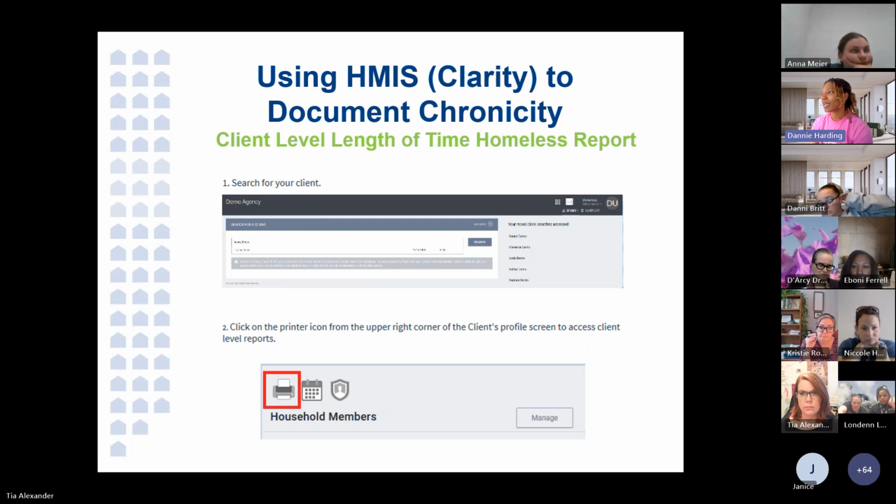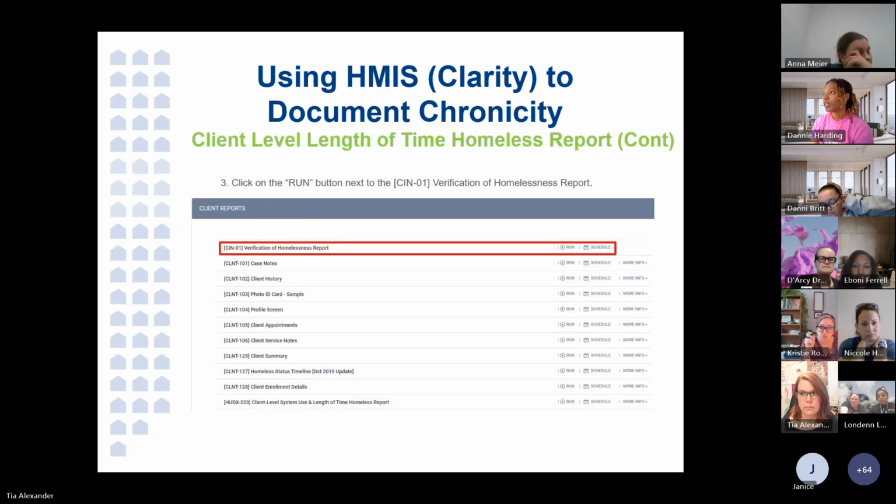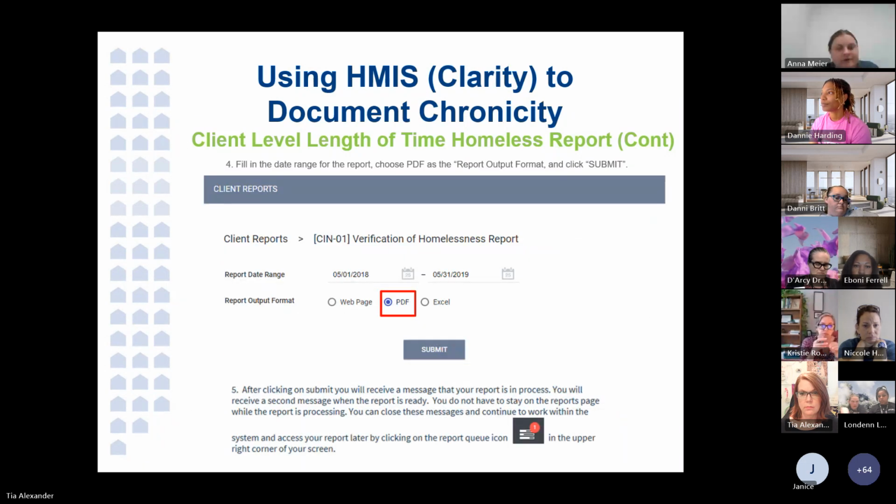You will get a list of the client level reports. Click Run next to the CIN-01 verification of homeless report. Fill in the date range, select PDF as the format, and click Submit. When it is ready, you will get a pop-up notification, and you can access it by clicking on that notification or the report queue icon.